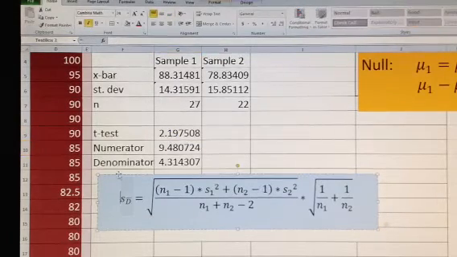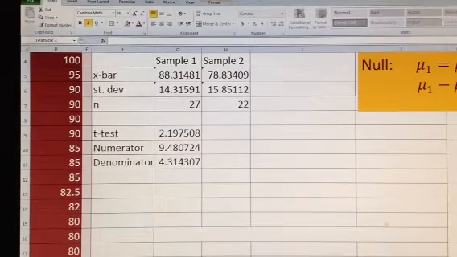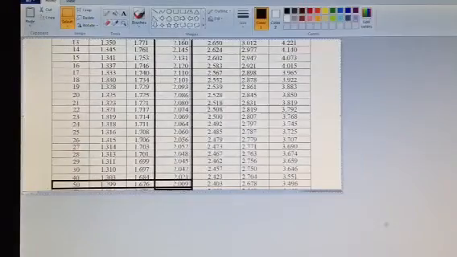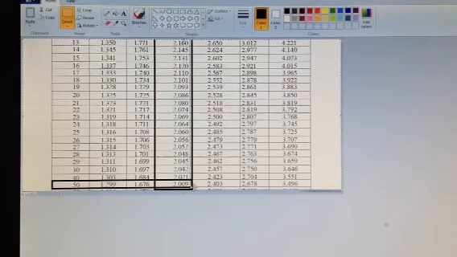Now we have to do one more thing, and this is to find the critical t-value. You know that the t-value has, for different levels of significance, here in the middle 0.05 level of significance, and this here is degrees of freedom. I use 50 because in my table there is no 47.